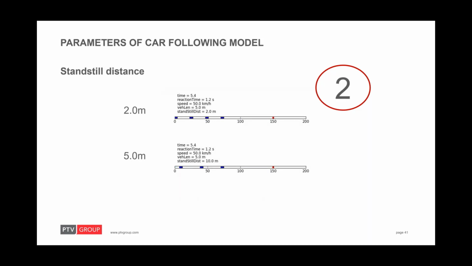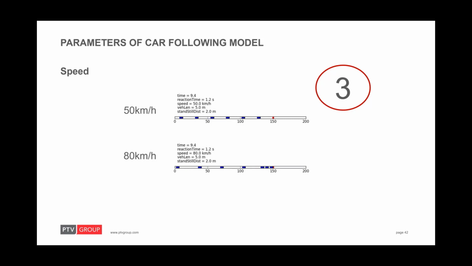Then if we change the standstill distance, or the gap between vehicles when it's a traffic jam, you can see that the headway maintained is greater if we specify 5 meters versus 2 meters. Then we can also see the effect of speed.